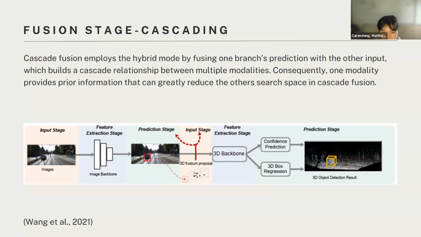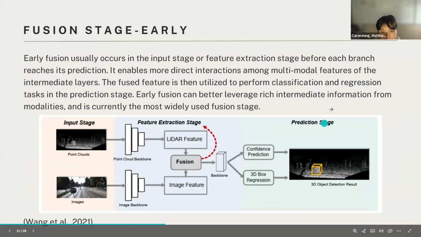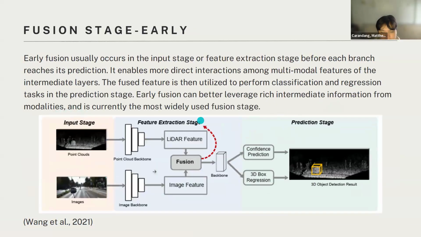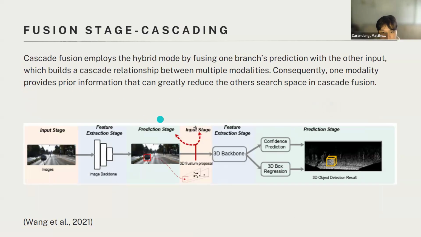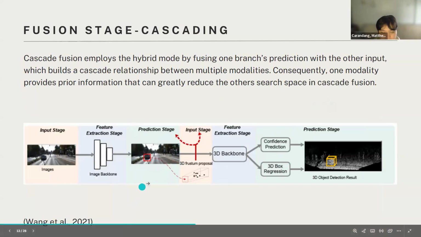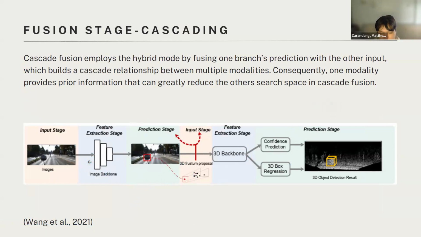As for the limitations, it is complex to design. Compared to the other two, which are fairly simple pipelines, this one is quite complicated, since you're getting the prediction of one modality and transforming it to be related to the next modality.